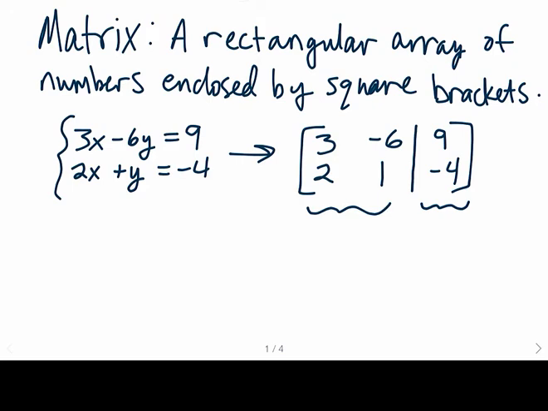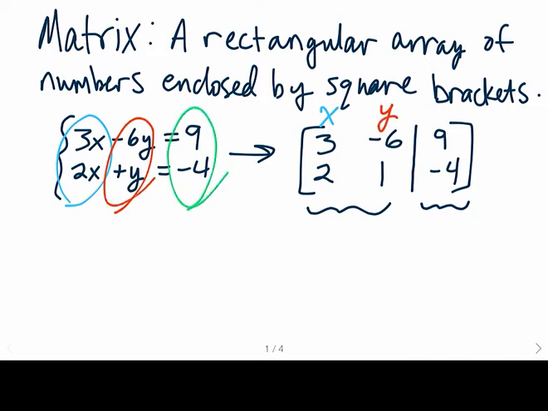Essentially, we could think of the first column as being the coefficients of x, the second column as being the coefficients on y, the third column as the constants, and the vertical line is where the equals goes.